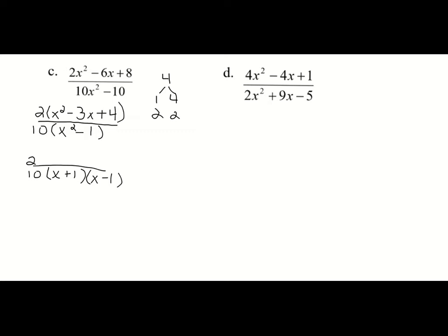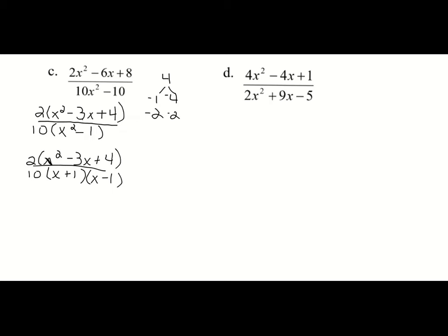So I need 2 negative signs. If I make these both negative, they're not going to give me a negative 3. And these as well. So that means that this expression, the x squared minus 3x plus 4 is prime. We can't factor it. So it's factored as much as we can.